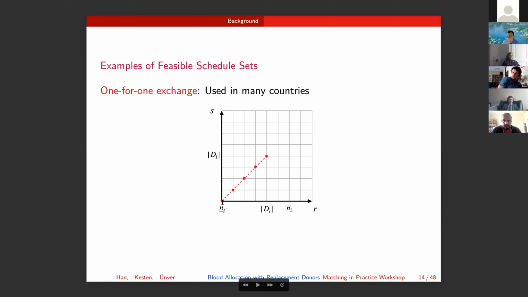So (0,0) is feasible, (1,1) is feasible, (2,2) is feasible, (3,3) is feasible, (4,4) is feasible. It literally means 1-for-1 exchange, because to get from 2 to 3, the marginal rate you have to pay is exactly 1 unit. So every marginal rate is 1 unit. If you look into that, you have to pay back. So this will be typical for 1-for-1 exchange. This will be a typical feasible schedule set.